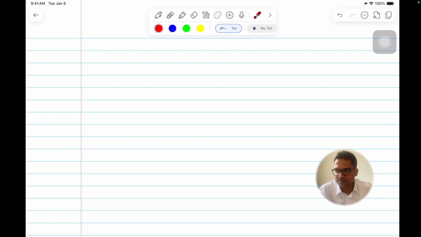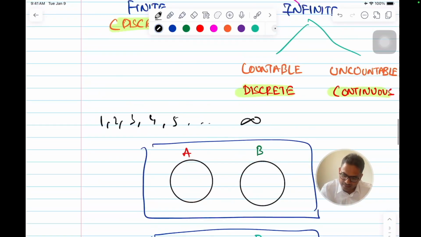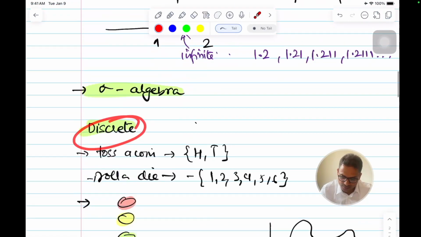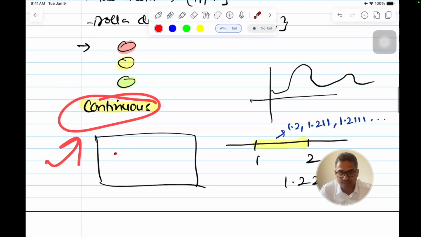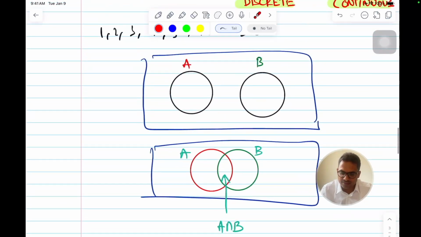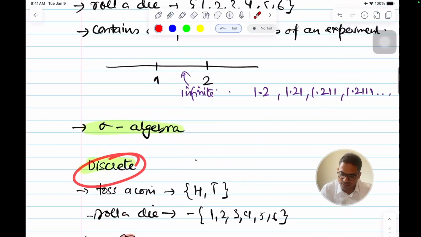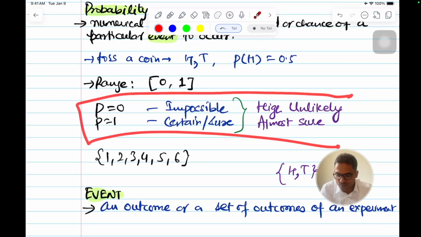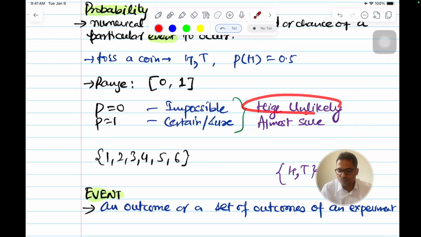Now that we have understood what is discrete and continuous, with an example, let's revisit the thing that I was talking about earlier. What is the meaning of probability of 0 and probability of 1?